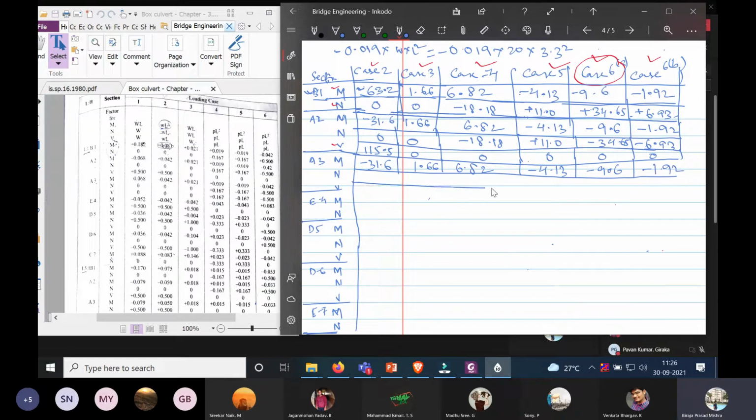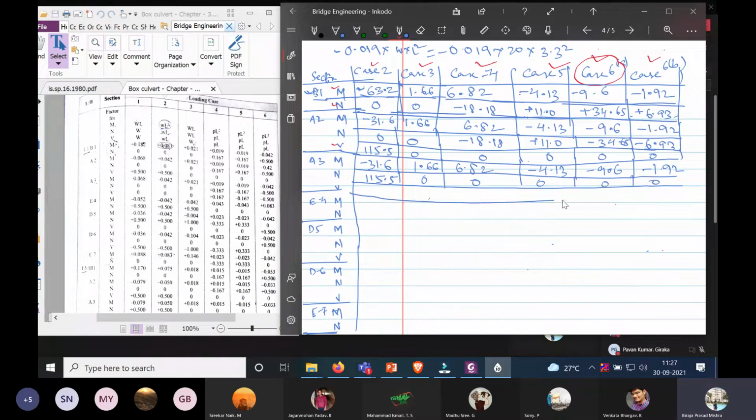Now the thrust value for this one is 115.5, then the next value is 0, the next value is 0 again, next is again 0, so all these values are now 0.